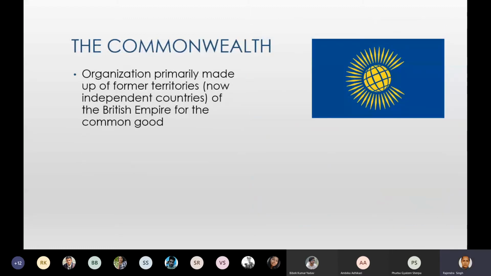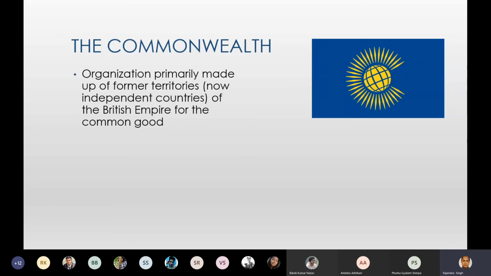Some of you may have heard this term called Commonwealth. At one time, the British Empire covered much of the land on Earth. For example, India was a part of the British Empire, and many Asian and African countries were once part of the British Empire.